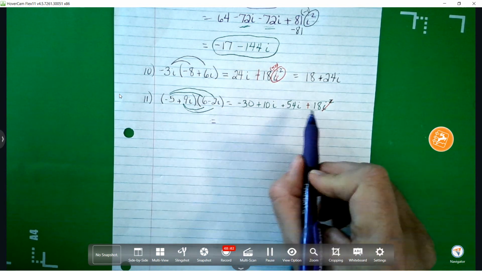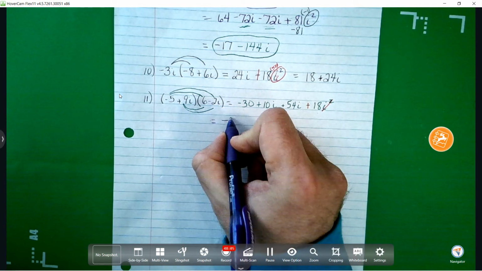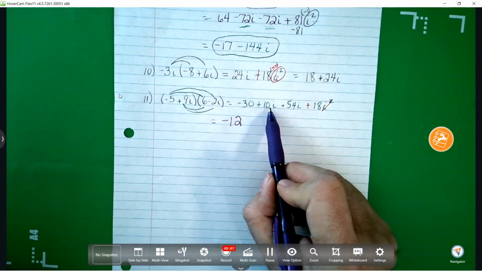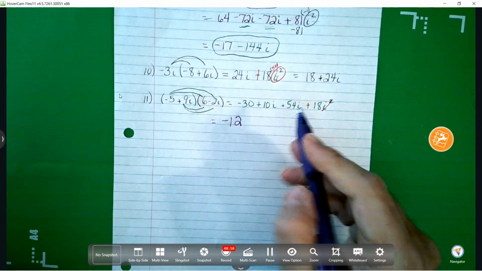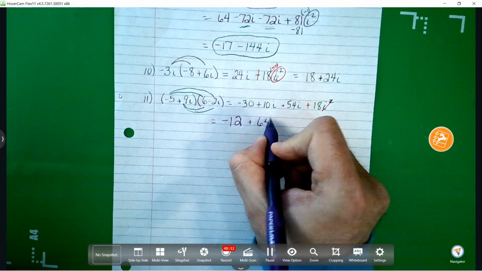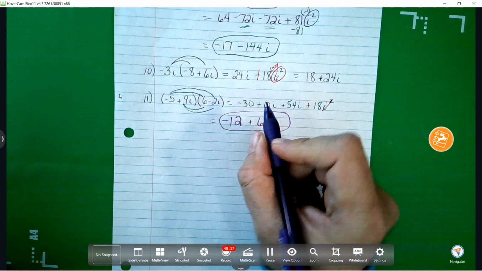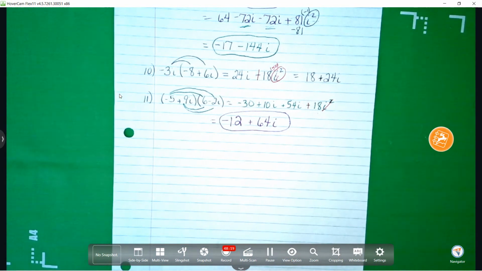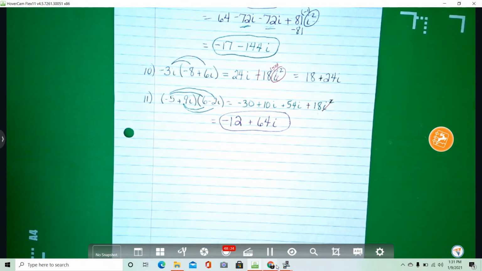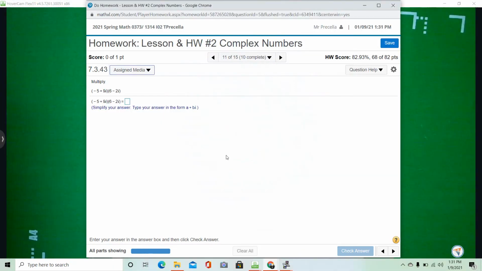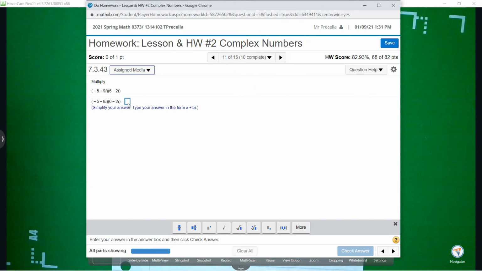Negative 30 plus 18 is negative 12. 10i plus 54i is a positive 64i. So negative 12 plus 64i.